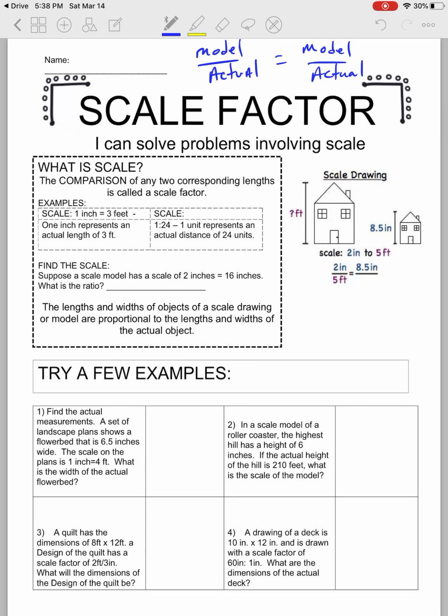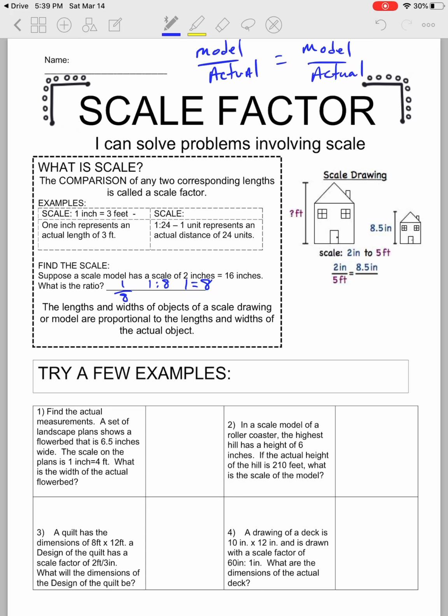So a scale of 2 to 16, 2 over 16, model to actual, can be simplified to a unit rate of 1 to 8. So it can also be a scale factor, a scale of 1 to 8. You can write that as 1 over 8, 1 to 8, or 1 equals 8.